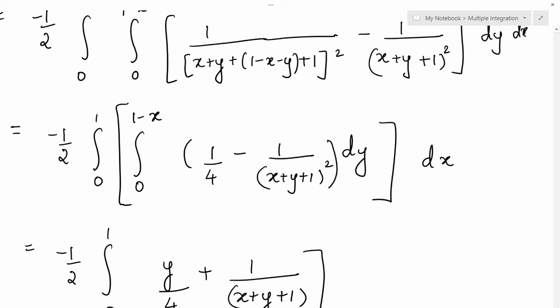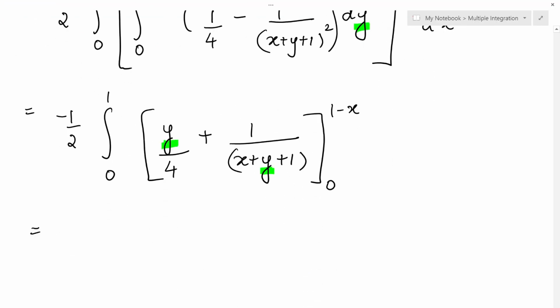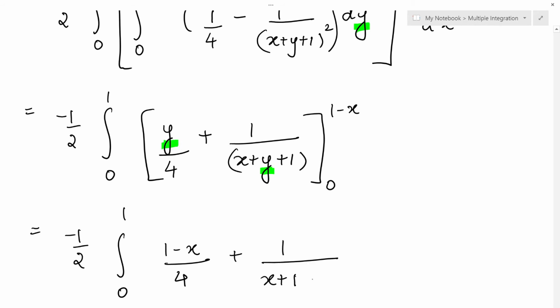Now the limits of integration are 0 and 1 minus x. Now we have integrated with respect to y, so wherever you have y, there you will substitute the upper limit and the lower limit. So I will have upper limit as 1 minus x, and this as 1 upon x plus 1 minus x plus 1.